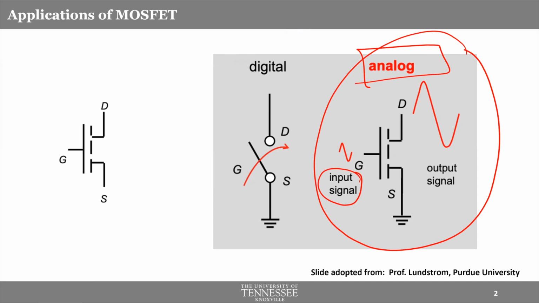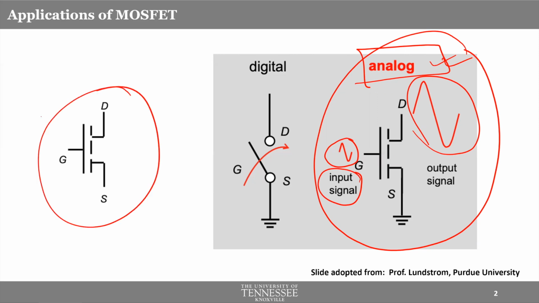I'll clarify that in a few minutes. Our target would be to amplify that small input signal into something larger when we use the MOSFET as an amplifier. So the most useful or interesting application for MOSFETs in the analog domain would be to design amplifiers. In this particular lecture, we will just focus on amplifier design.